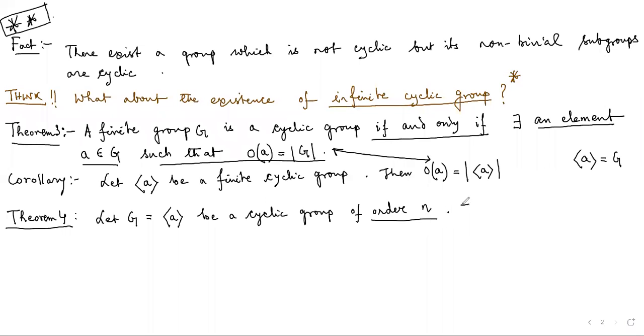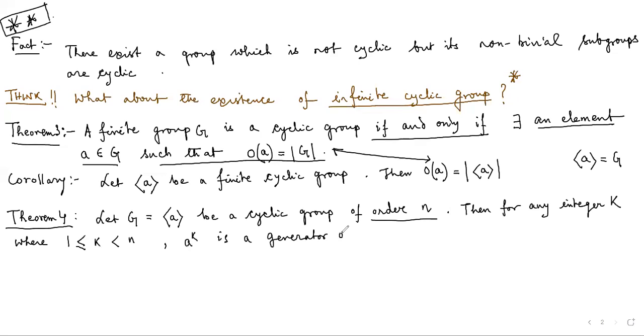Then for any integer small k, where 1 is less than or equal to k less than n, a to the power k is a generator of capital G if and only if the GCD, or greatest common divisor, of the numbers n and k is equal to 1.